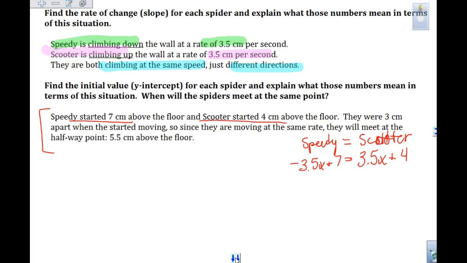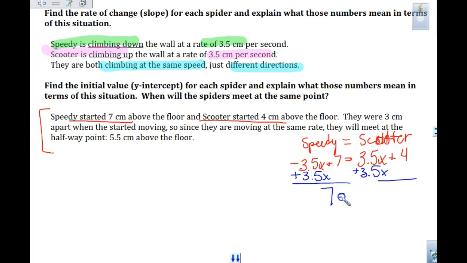If I asked you to solve those, an equation with one variable, you know how to do that. This is going to be called our substitution method when we get into the next unit after we take our final. We are putting both of those two y's equal to each other. And do you know how to solve this from our solving equations? We're going to add 3.5x to both sides.